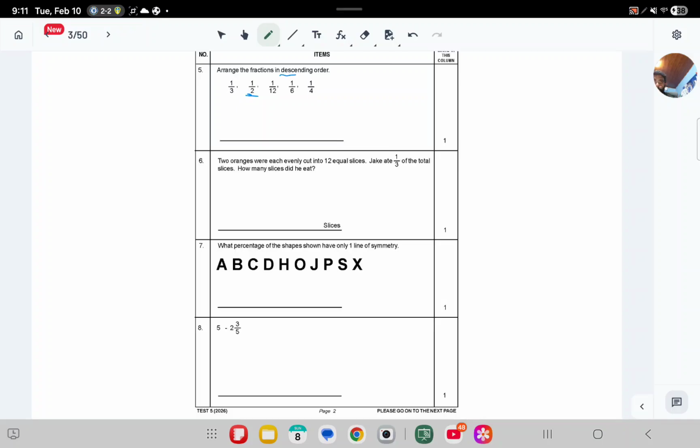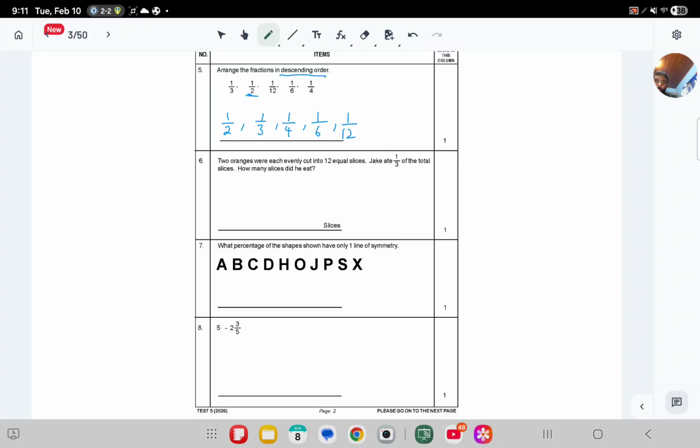So they want us to put it in descending order from the largest to the smallest. So therefore we'll put 1/2, then 1/3, then 1/4, then 1/6, and then 1/12.